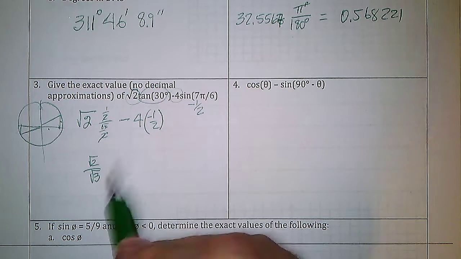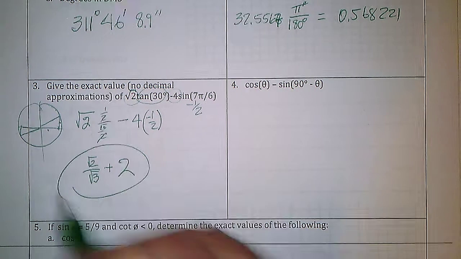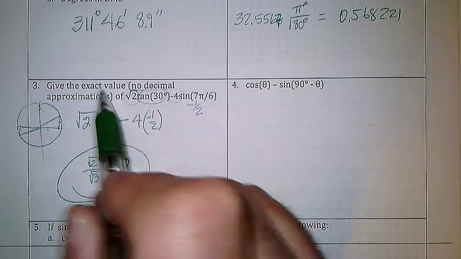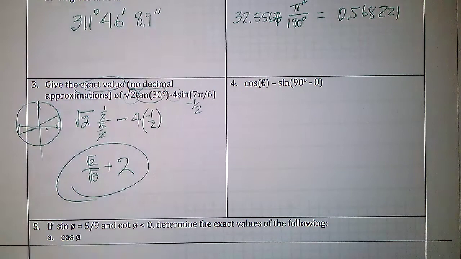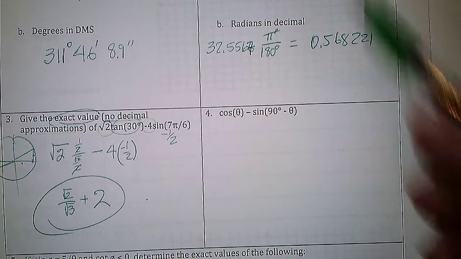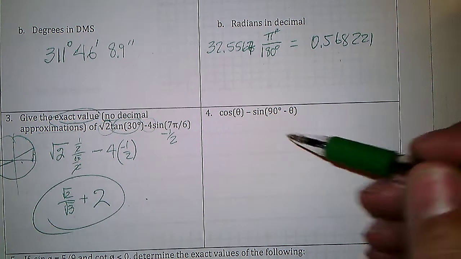And a negative times negative is positive, and half of 4 is 2. Now, I don't want you to change it to decimal. It says no decimal approximation. Exact value. That means no decimals. Keep that calculator away from it. Okay, now that was 2 points each on these up here and 2 on those, each part of those.